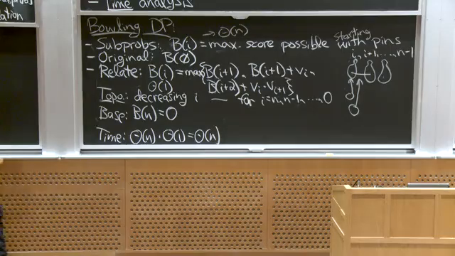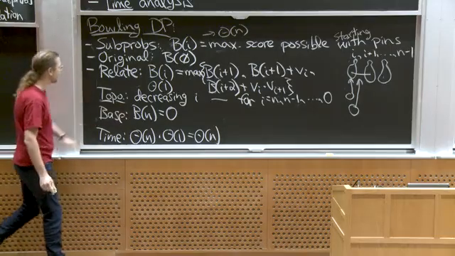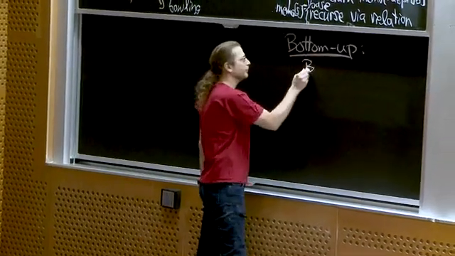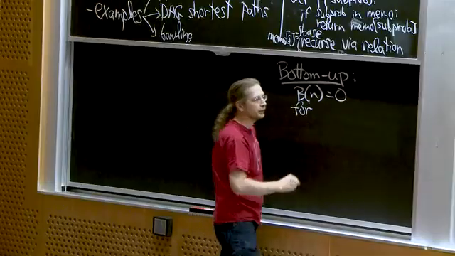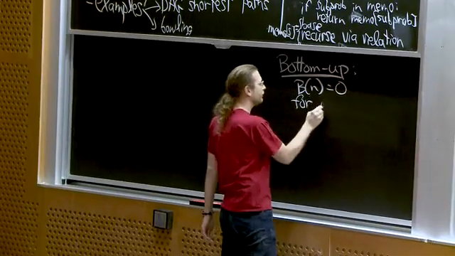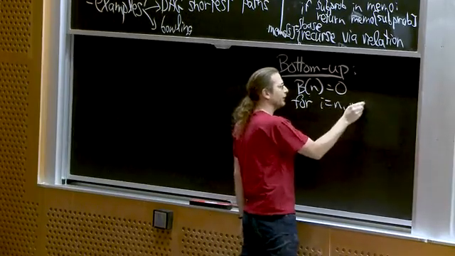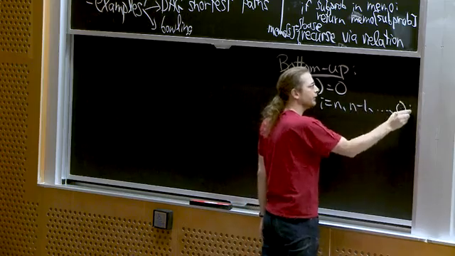Let me start with the base case, b of n equals 0. But now it's an assignment. And I'm going to do the for loop from the topological order for i equals n minus 1 to 0.